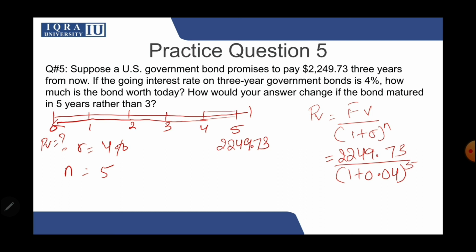Remember, one interval represents 1 year. So you're taking it back 5 years. You solve this, and now your present value comes to 1849.11. So your PV over here is now 1849.11.